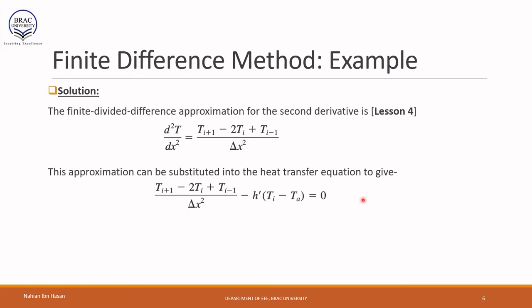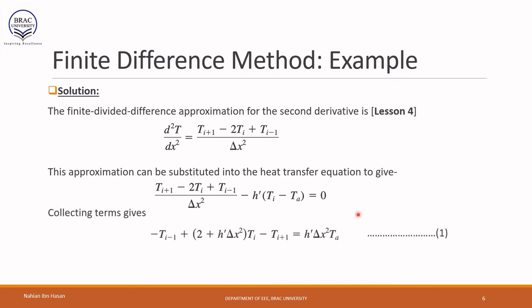This is the heat transfer equation after we have substituted the term d square T by dx square with the first finite divided difference formula. Look at this: we have the temperature Ti here, and here we also have the temperature Ti. If we collect the similar terms and manipulate this whole equation, we will get an equation that looks something like this.